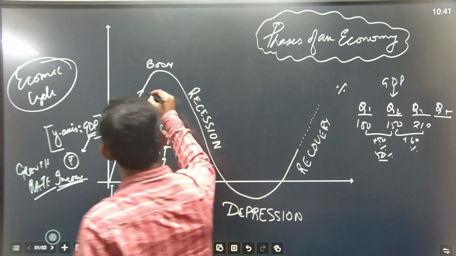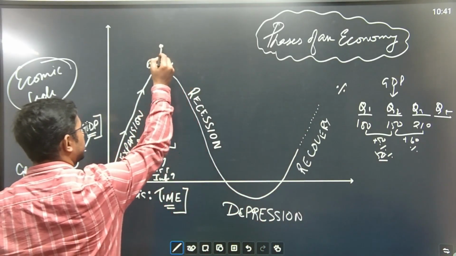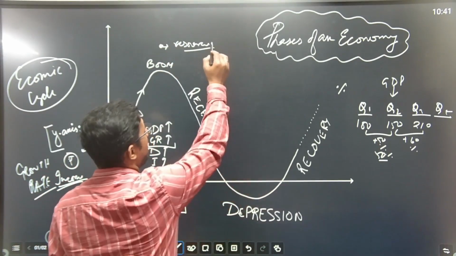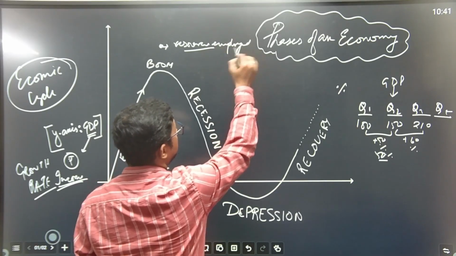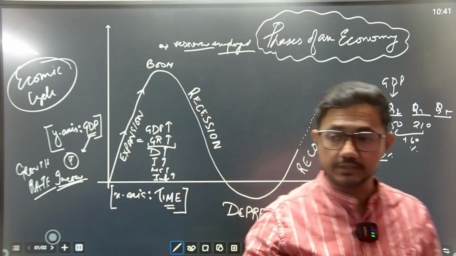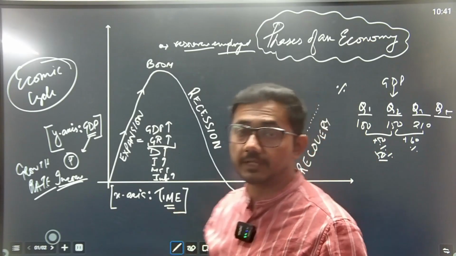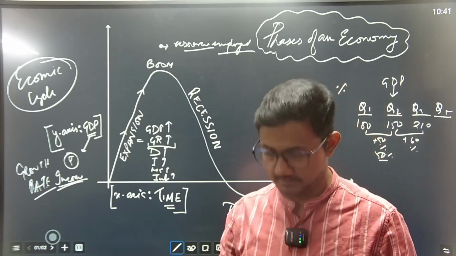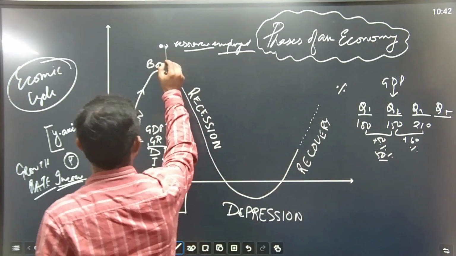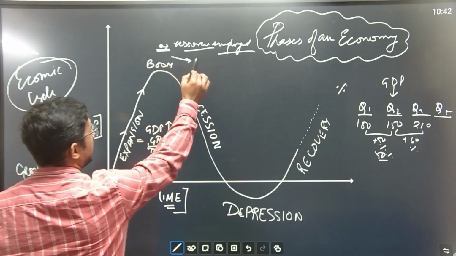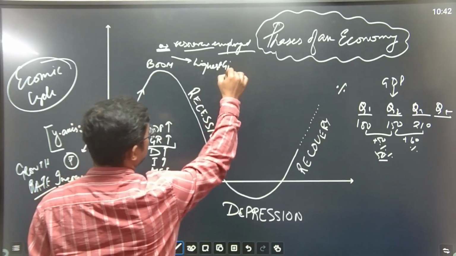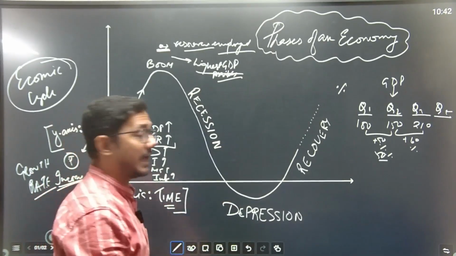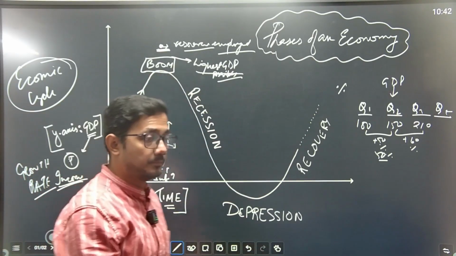Now, when an economy keeps on expanding and reaches a period where all the resources are employed, whatever available resources there were, whether labor or capital, completely employed, and the economy has the highest possible GDP of that time, that period is known as the boom period.